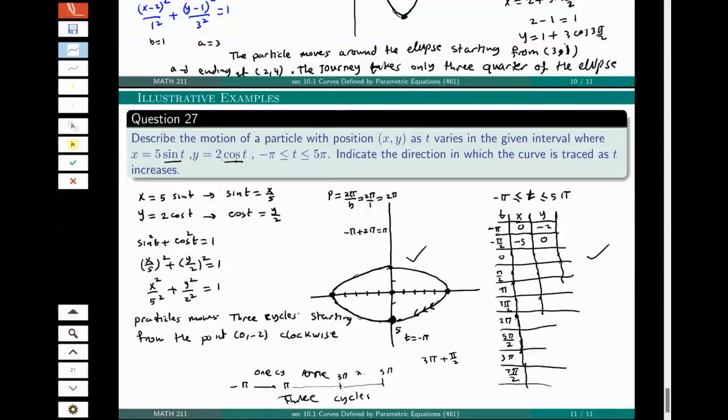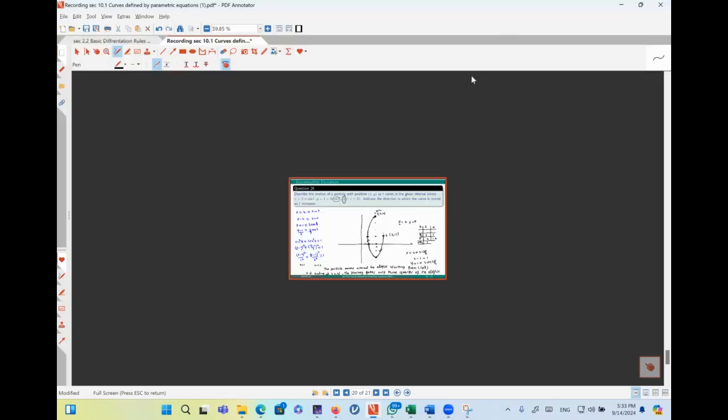Question number 26 and 27. It's extremely important sections because it's application, and it shows if you know how many cycles we have moved, according to the periods, according to our interval which is given to us. Okay, that will be the first section which is section 10.1.